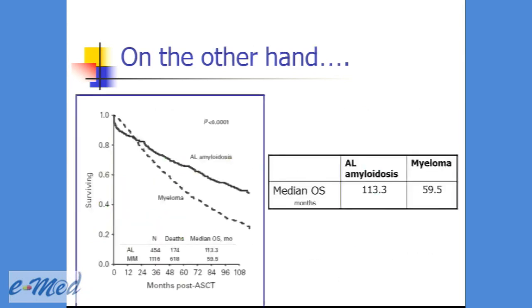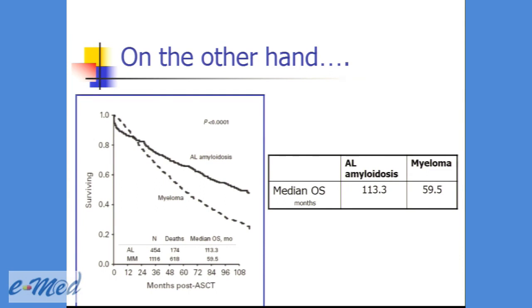On the other hand, we know that patients with AL amyloidosis do survive better than the myeloma patients when they are transplanted. I mean, the transplantation is a very crucial treatment if we want to prolong their survival.